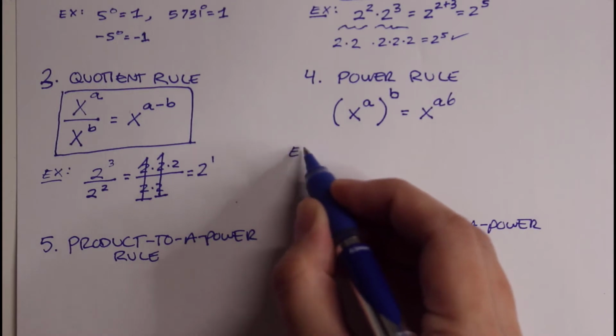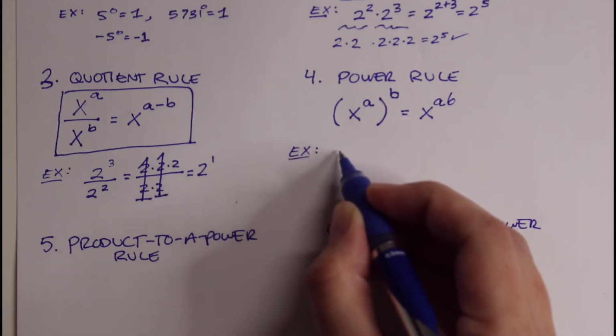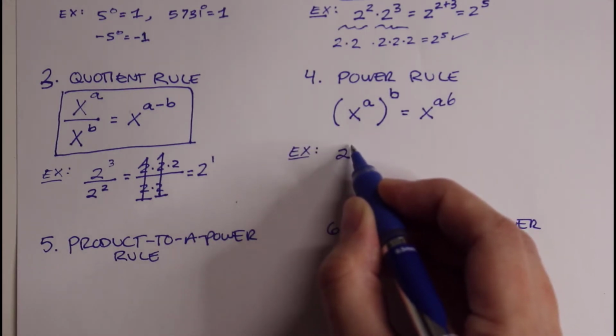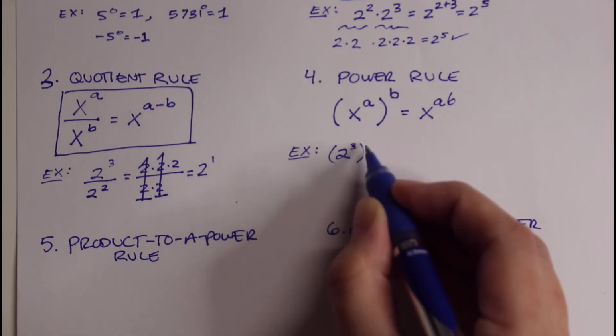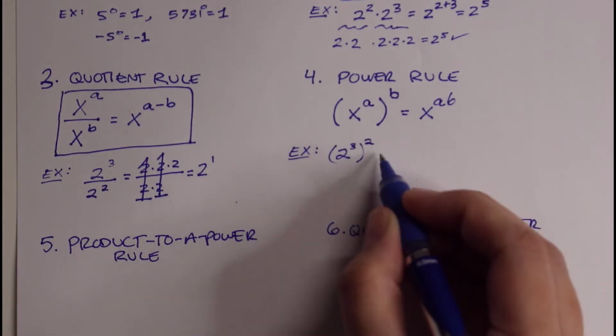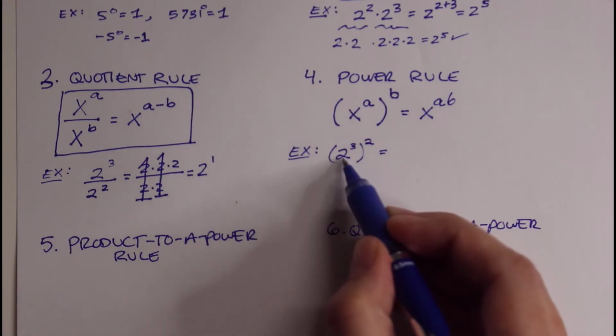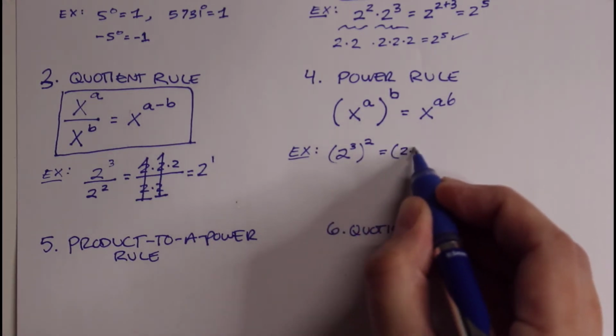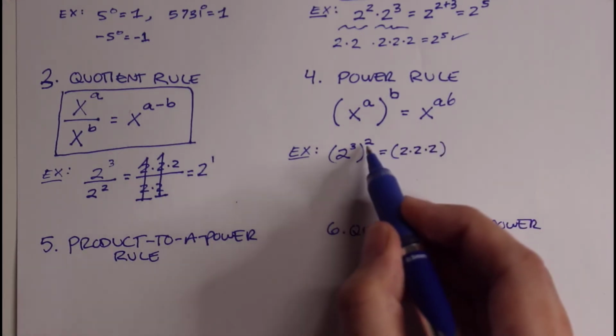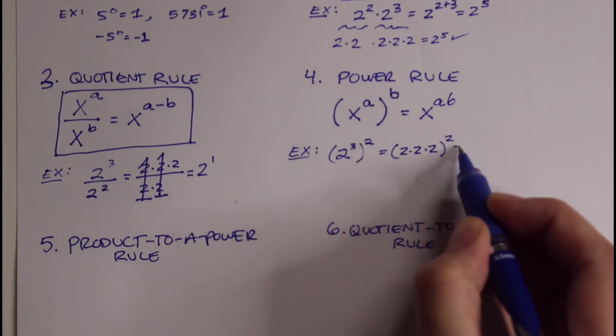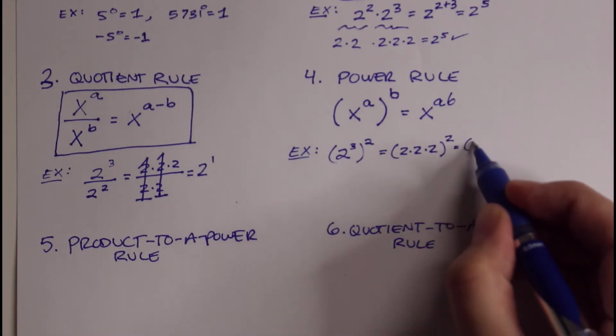So an example for you here, let's pick small numbers again so we can expand this. Let's say 2 cubed quantity squared. So what this is saying is that I have 2 times 2 times 2 inside the parentheses, and on the outside I need to square that. So I need to have that same quantity twice.